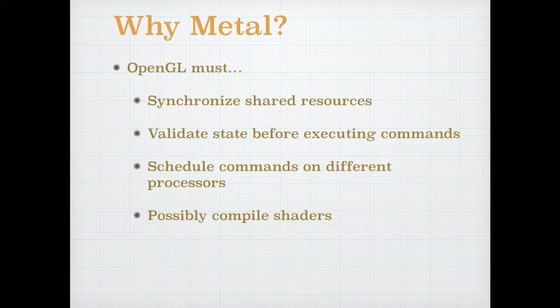Now, the GPUs can have multiple processors, and there were things you could do with multiple OpenGL contexts and stuff like that. But it became very difficult to do something like calculate all your collisions while you were waiting for the rendering to finish. And so Metal was introduced to give you much finer grained control over the scheduling of the GPU and where these things happen. And the result is that you can draw many more things on the screen than you could with OpenGL in the same amount of time.